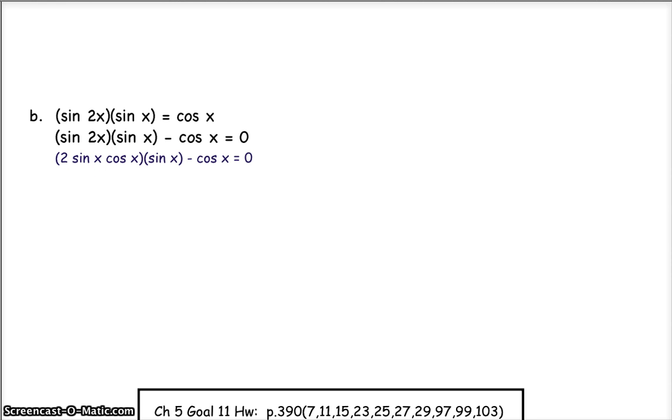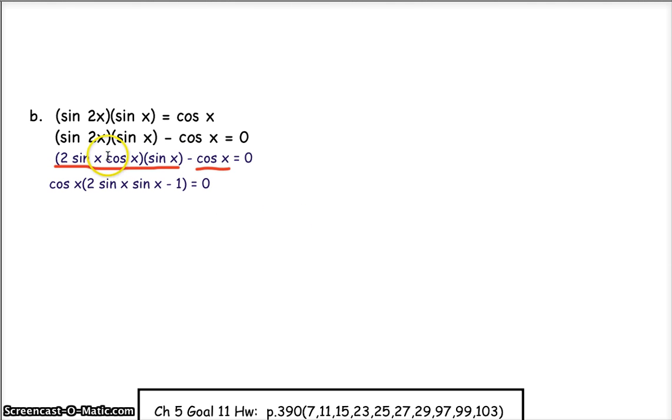Now we have two terms again, just as before, but this time notice that term 1 and term 2 have a GCF. So we can factor the GCF out of these two terms, and that GCF is cosine. So let's factor out cosine x, and that leaves us with 2 sine x times sine x minus 1 equal to 0.